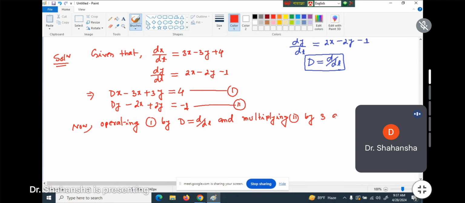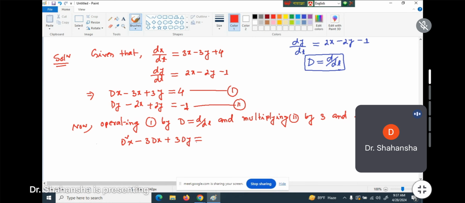And subtracting, from the first operated equation we get d square x minus 3 dx plus 3 dy.